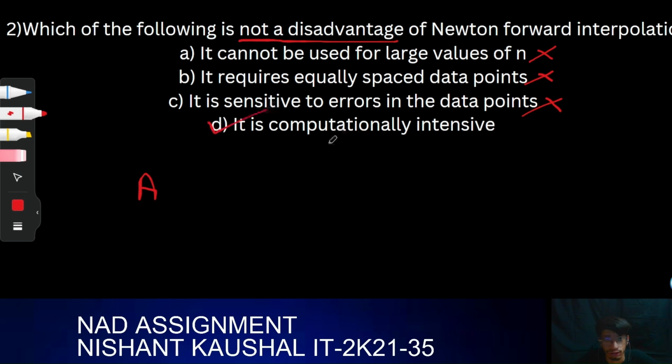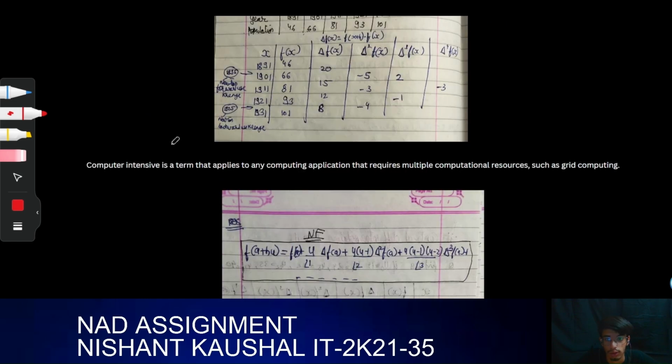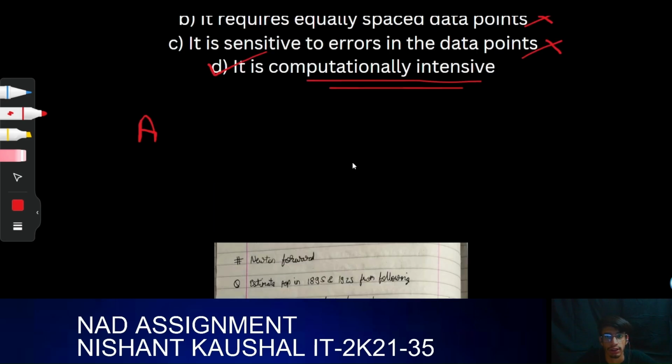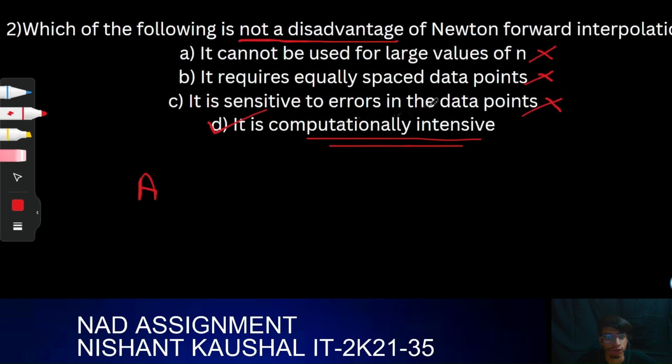To understand the meaning, computationally intensive is a term that applies to any computing application that requires multiple computational resources, such as a grid of computers. It means it requires multiple data so that we could find the correct answer more precisely. So it is an advantage of Newton forward interpolation. So D is the correct answer.